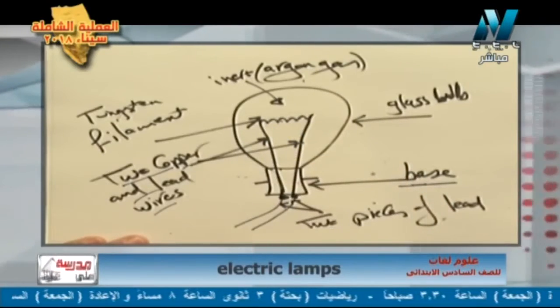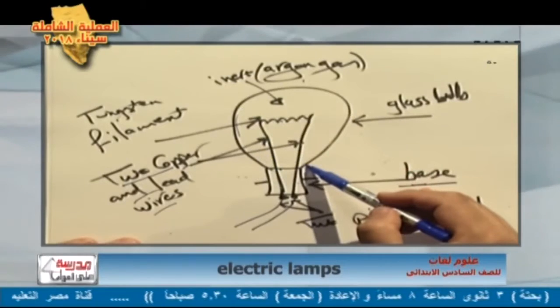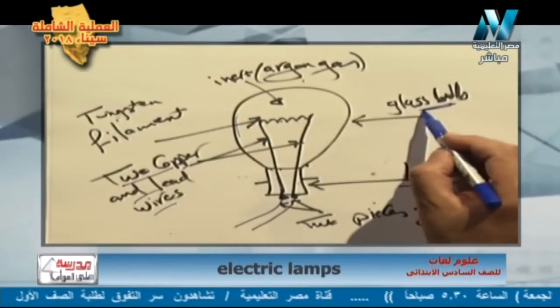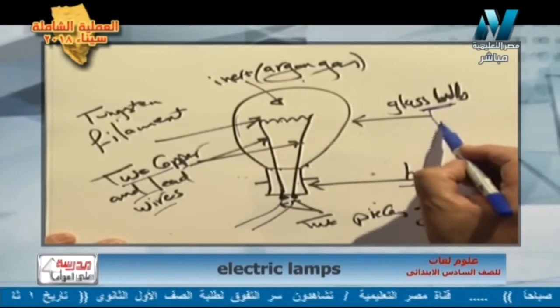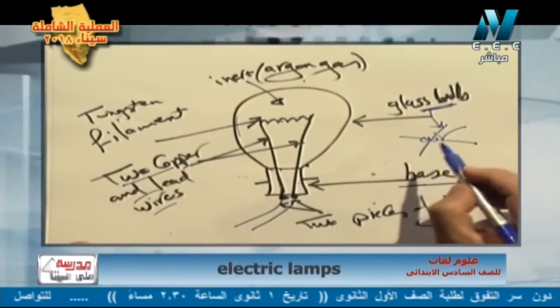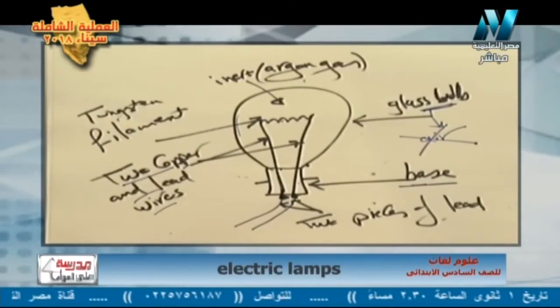And also what is the function of the glass bulb? يعني لو مفيش glass bulb في اللامب I don't need it. No, glass bulb is very important. Why? Because it prevents air, بيمنع الهواء, from entering the light bulb. لو الهواء دخل light bulb, the light bulb will be useless because we know air contains oxygen gas that increases burning or combustion process.